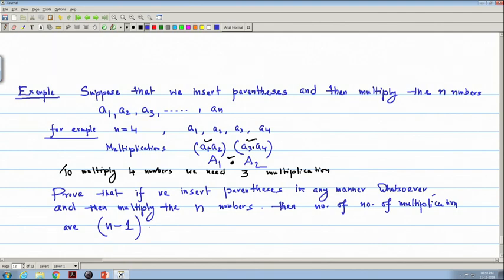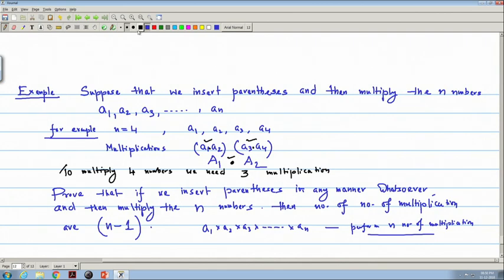That means to multiply A1 into A2 into A3 up to An, we have to perform n minus 1 multiplications, if we insert parenthesis and multiply two numbers at a time.